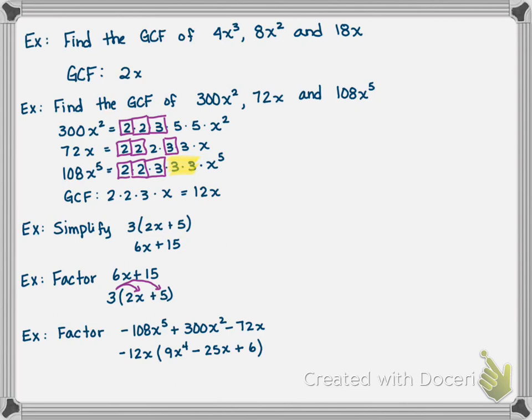And again, it helps to kind of mentally distribute it back through to make sure that you didn't make any sign errors or anything like that. The one thing you have to be careful of is that you've taken out the greatest common factor and not just a common factor.